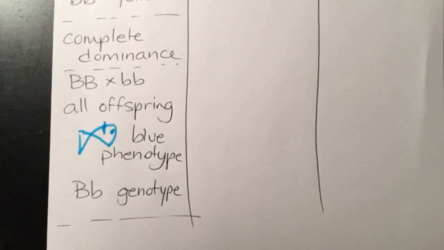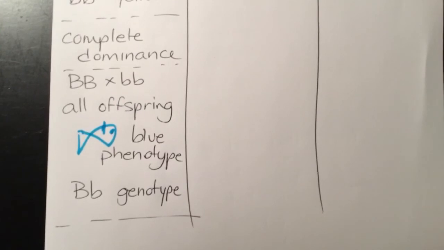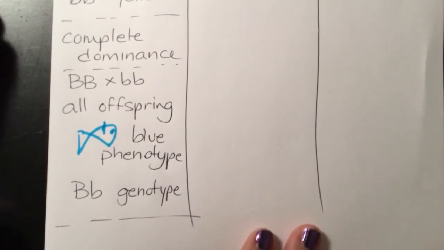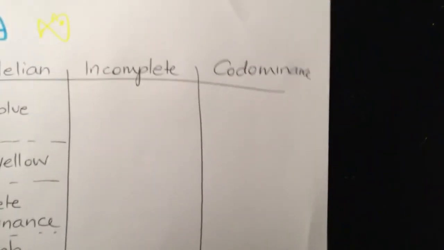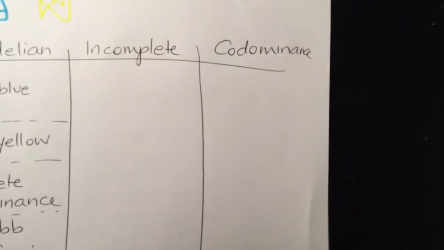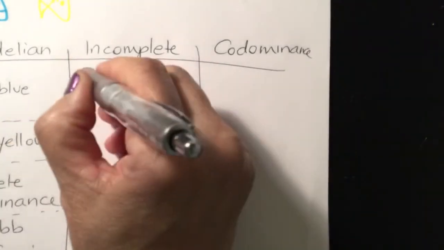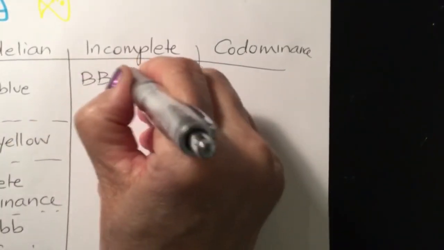Oops, sorry. Good thing I'm recording this and you guys can replay and rewind. All right. Incomplete dominance. I'm going to move this over, make sure I can see it, because if I can see it, that means I hope you can see it. So in incomplete dominance, big B is going to be a bluefish.